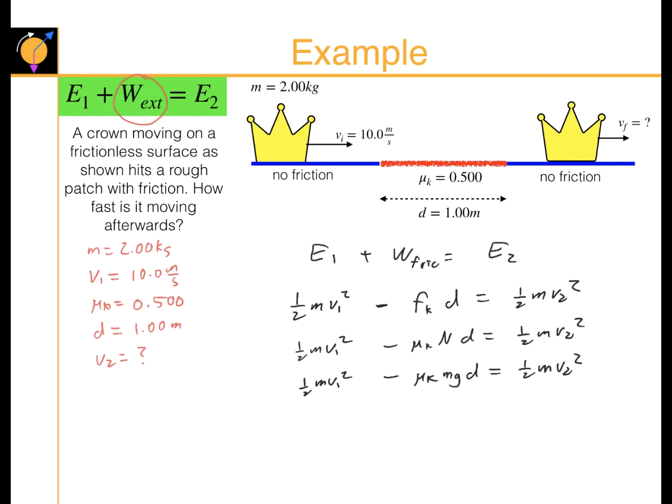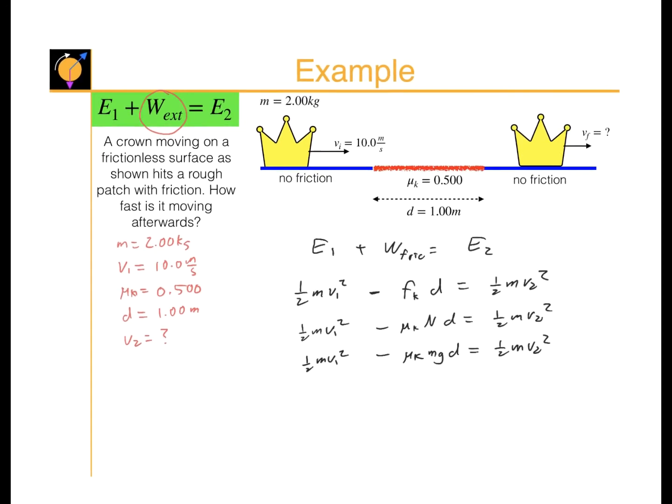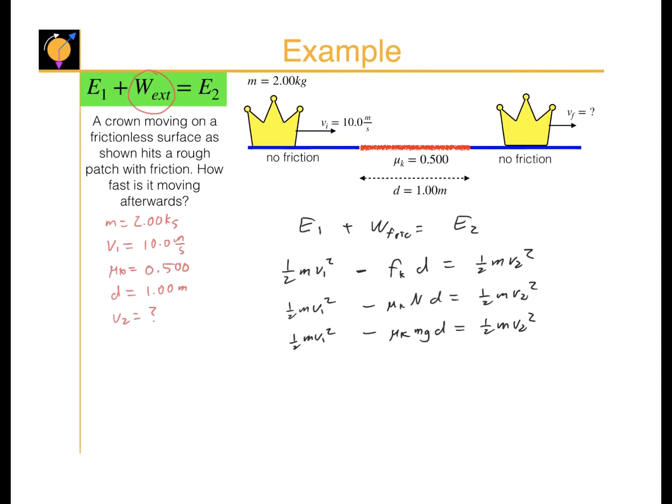So I'd like to solve this equation for V2 and find out how fast it's going at the end. So V2 is going to be equal to the square root of V1 squared minus, and the m's go away, so minus 2 mu k g d, right?